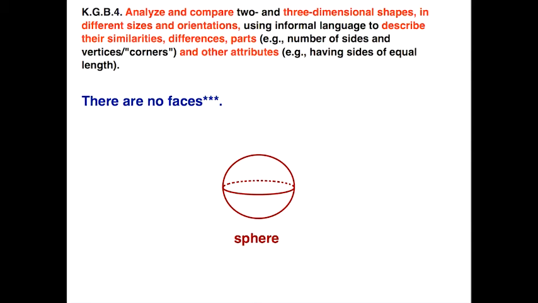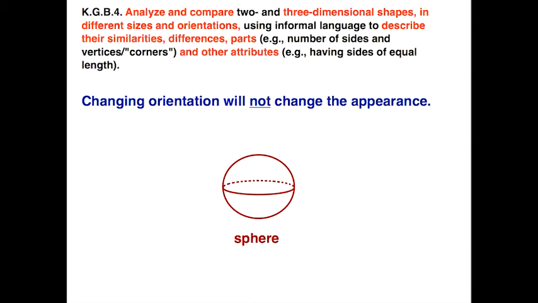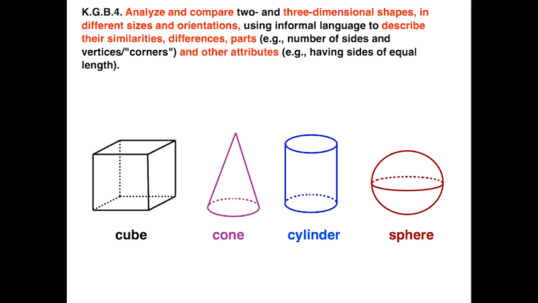But of course, at this level, we're not going to worry about that. There are no edges in a sphere. What's different here is that changing the orientation of a sphere will not change the appearance. If I take this sphere and I rotate it around, spin it, and so forth, it still looks the same.